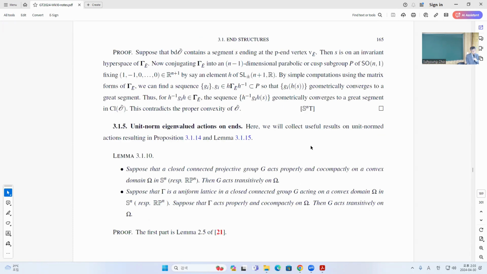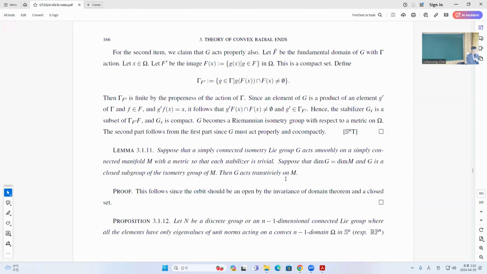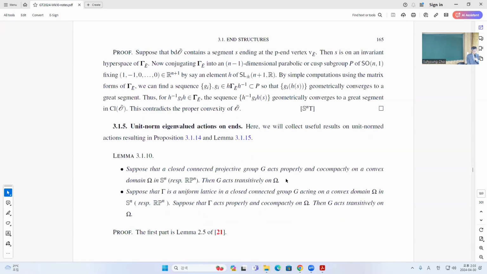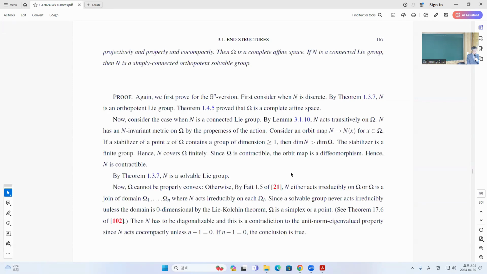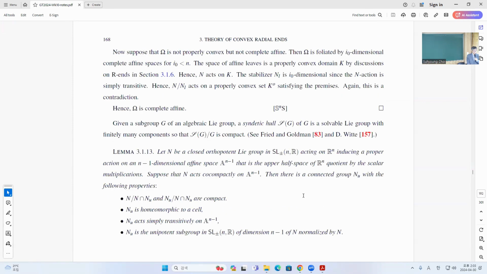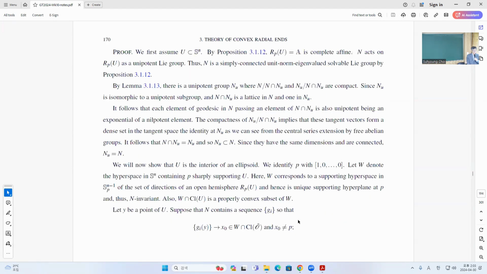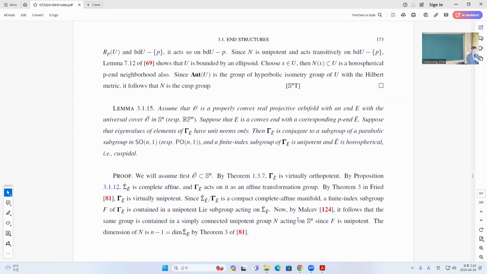And also, I discussed something about unit-norm eigenvalue actions on the end. I will not discuss it too much here. The main point is that if you have such, then you can show that these are actually cusp groups. Okay, that's what I was doing here.